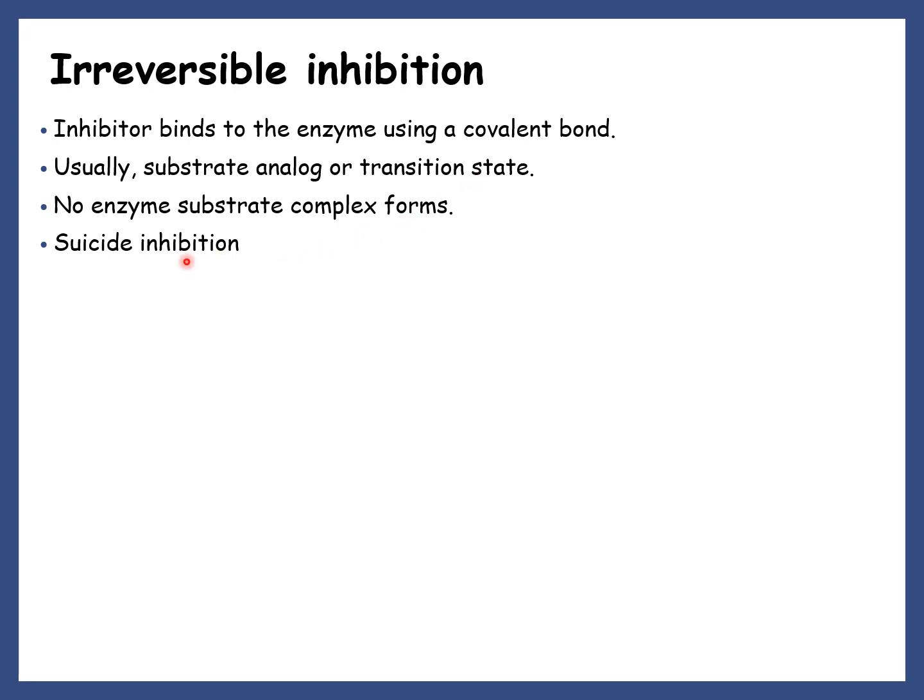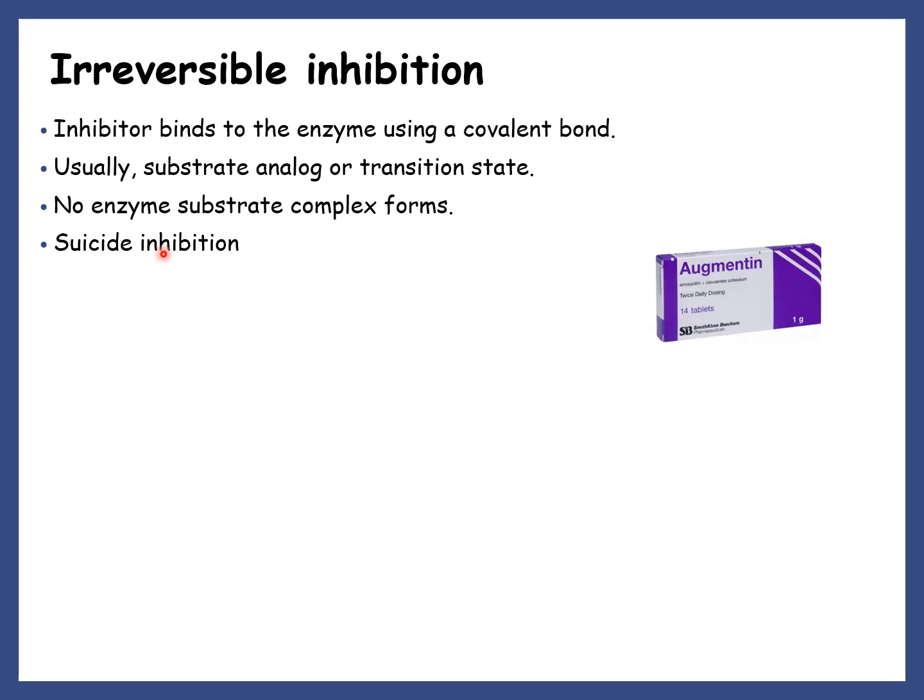This kind of inhibition is sometimes called suicide inhibition because the inhibitor itself is being consumed in this process, and it's permanently bound to the enzyme. The enzyme remains in its inactive conformation and is no longer available for the reaction.